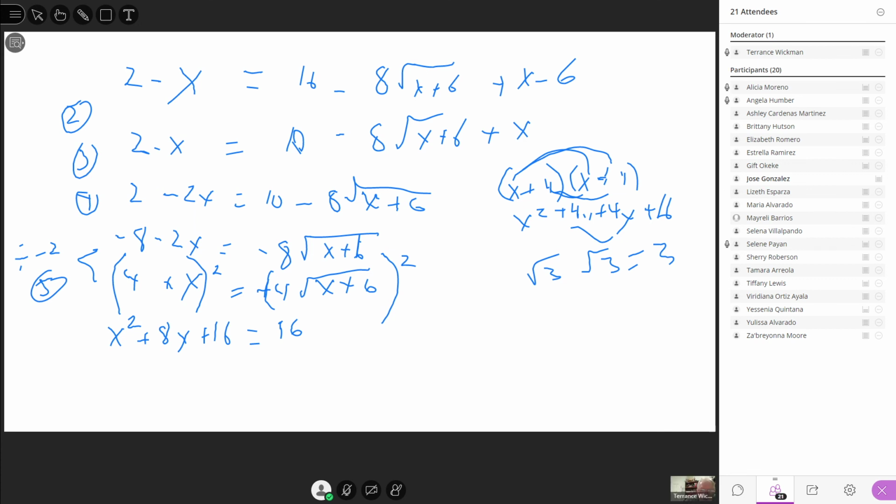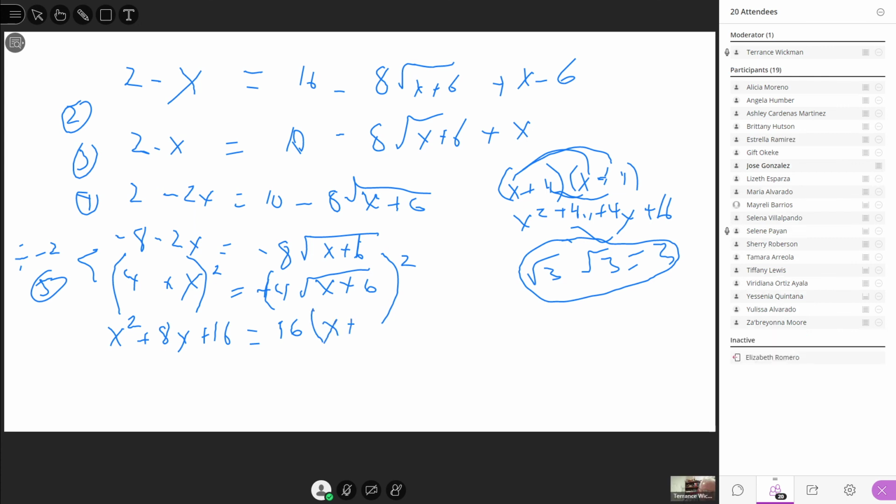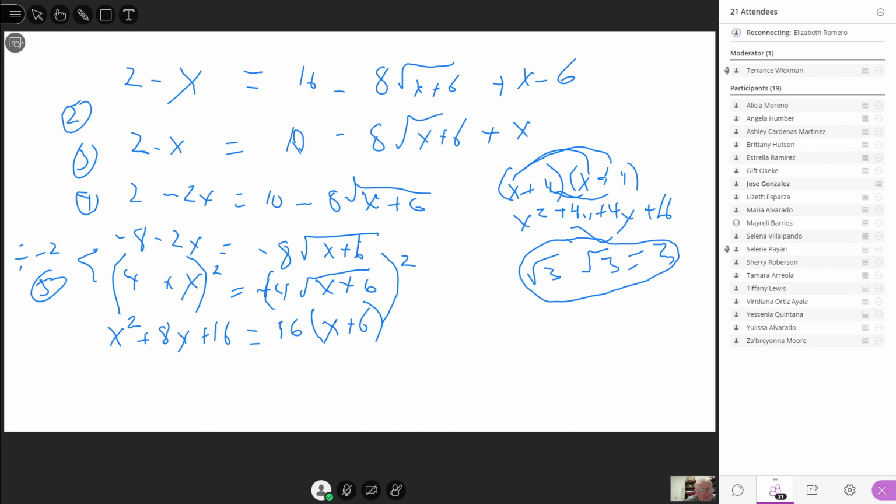When you take the square root of something and multiply it by itself, you get whatever's inside. X plus 6. You just get x plus 6. You get whatever's inside. Now, are we ready to continue?